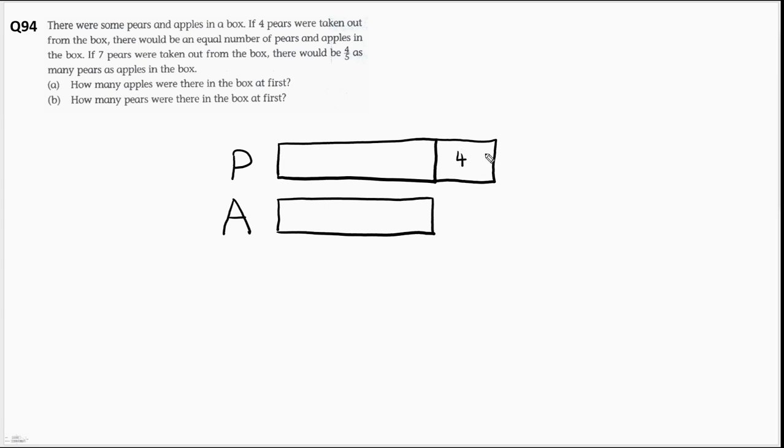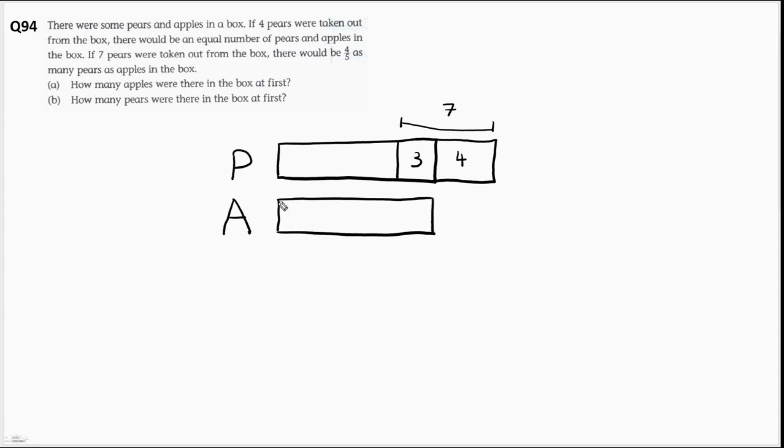So if, as well as this 4, you took out an additional 3, why 3? Because 4 and 3 are 7. If you took out 7, then there would be 4 fifths as many pears as apples in the box. What does this mean?